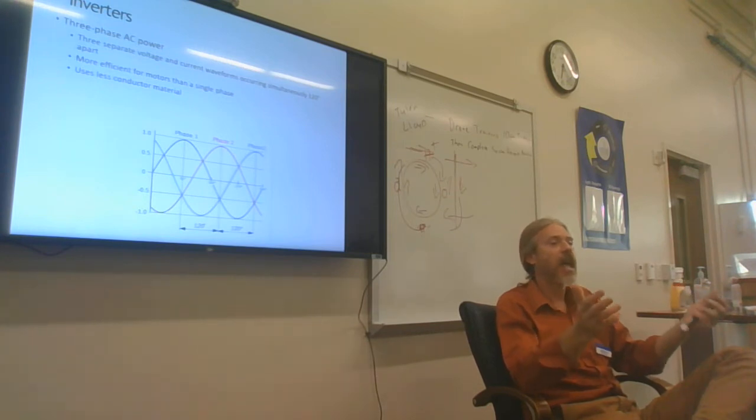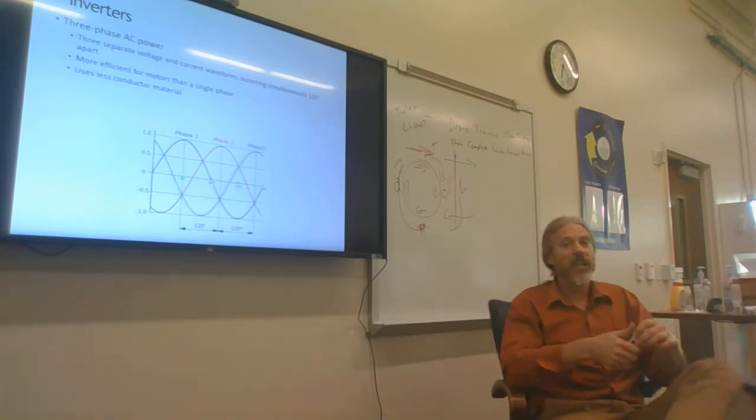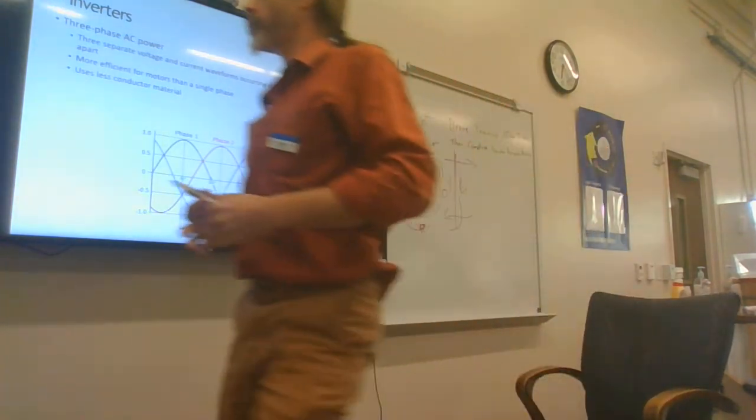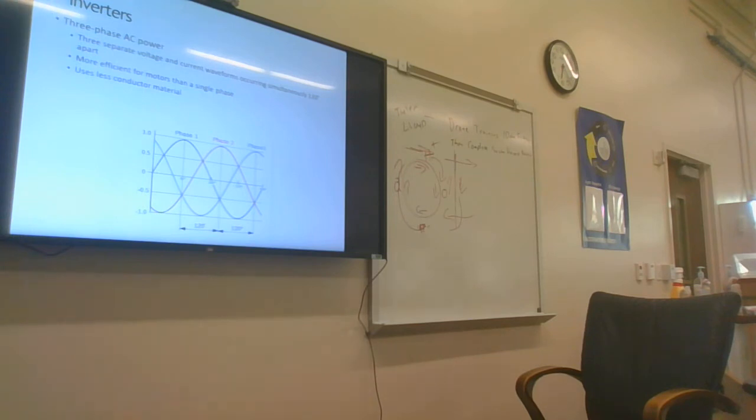And then it was explained to me that if I take a circle, I cut it into three equal sections, I have 120 degrees, 120 degrees, and 120 degrees apart from each other.